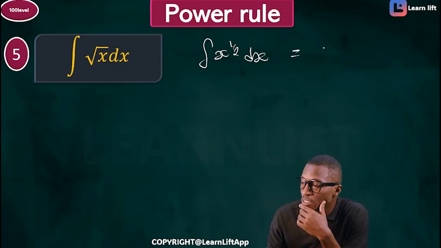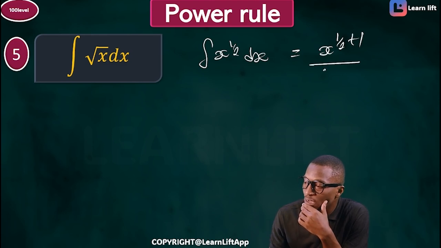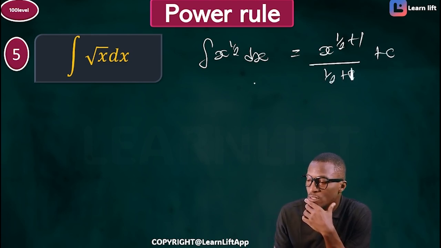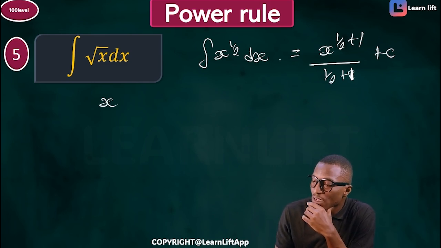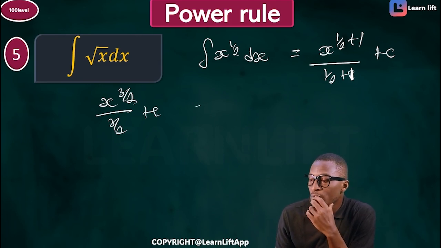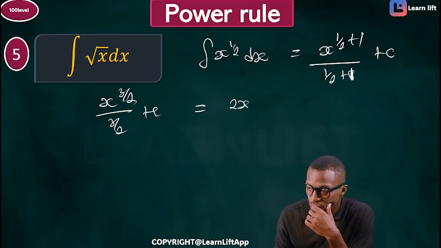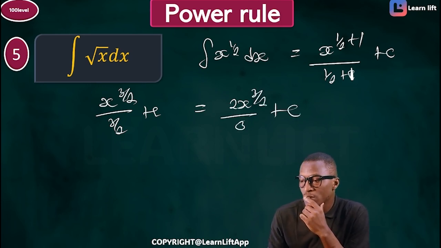So this is simply saying x raised to power half plus 1 all over half plus 1, plus a constant. That'll give me x raised to power, that's 3 over 2, all over 3 over 2, plus c. Now, if you do that very well, I think that will practically give me 2x raised to power 3 over 2 all over 3 plus c. Are you seeing that?